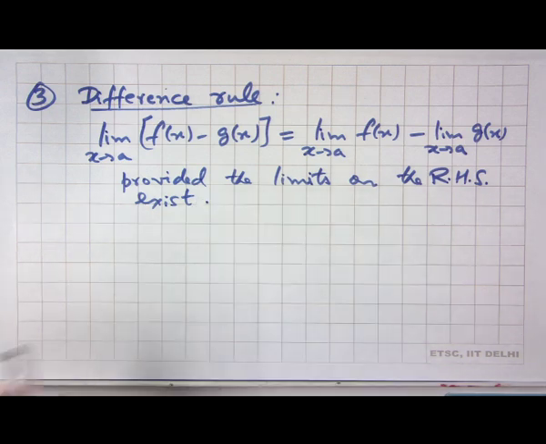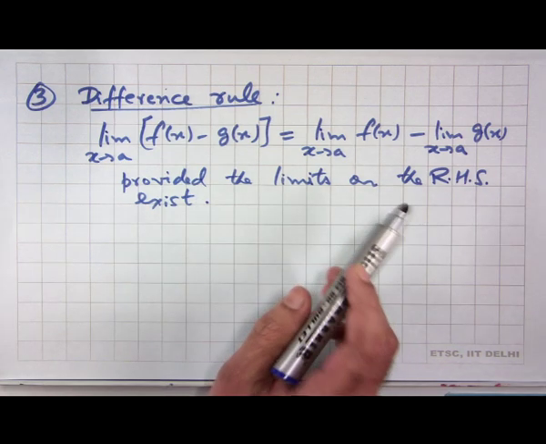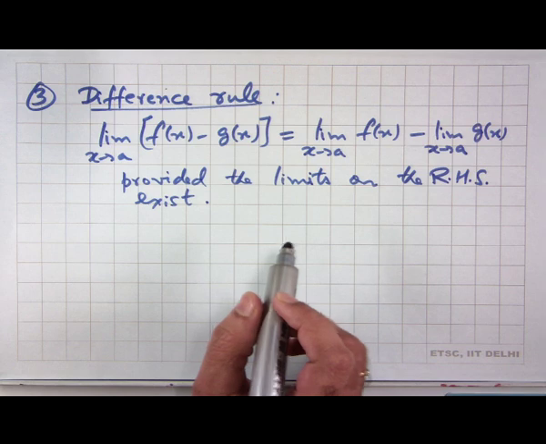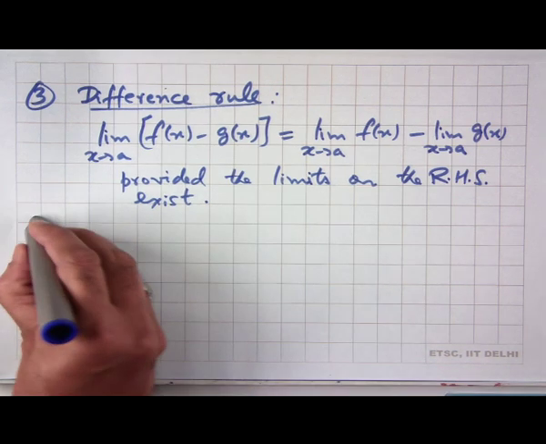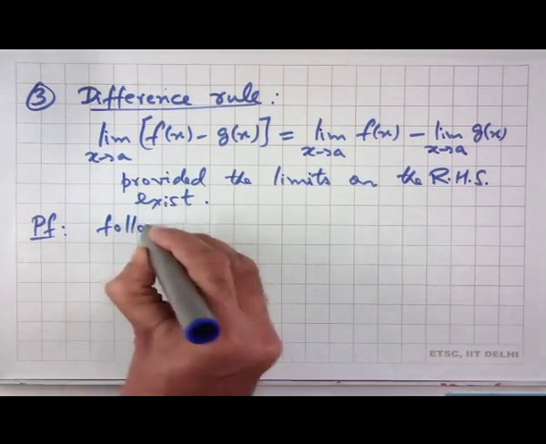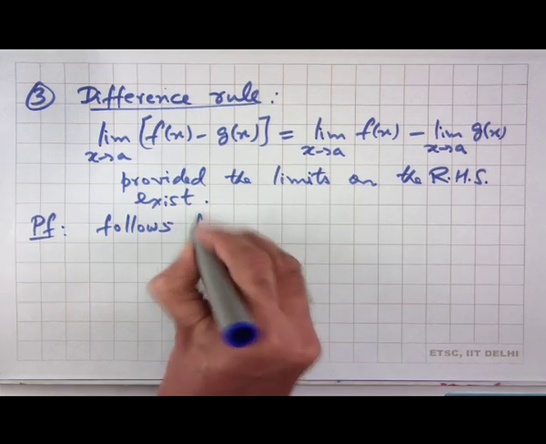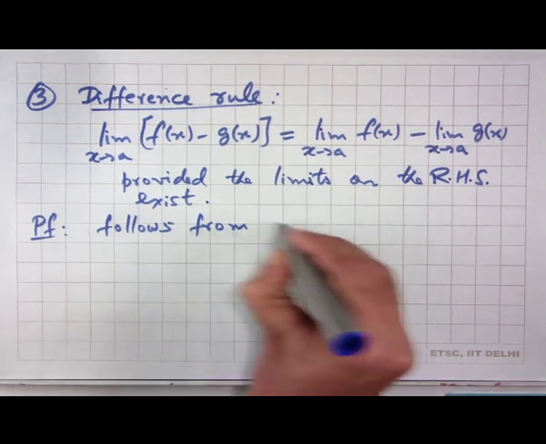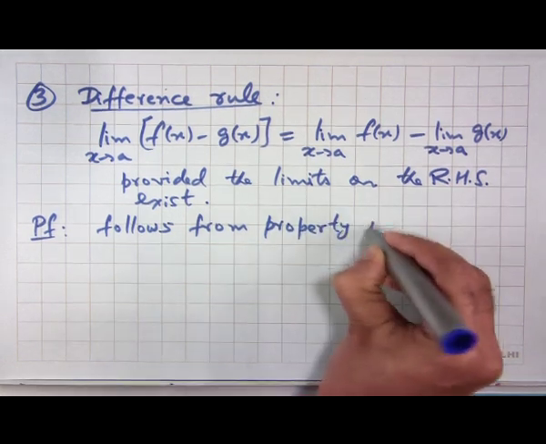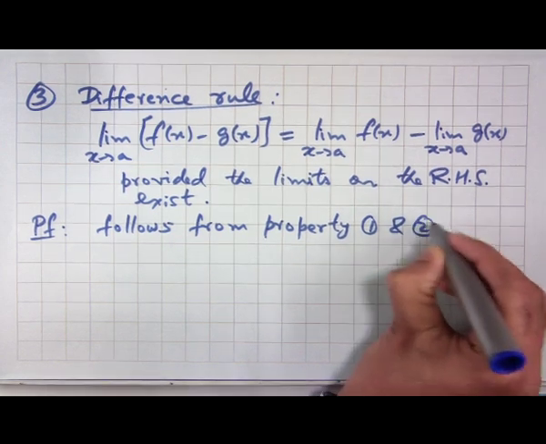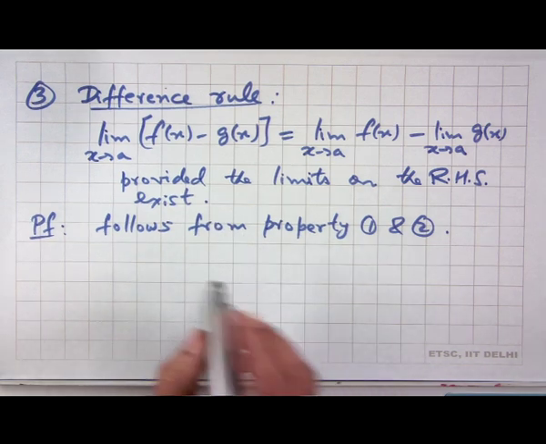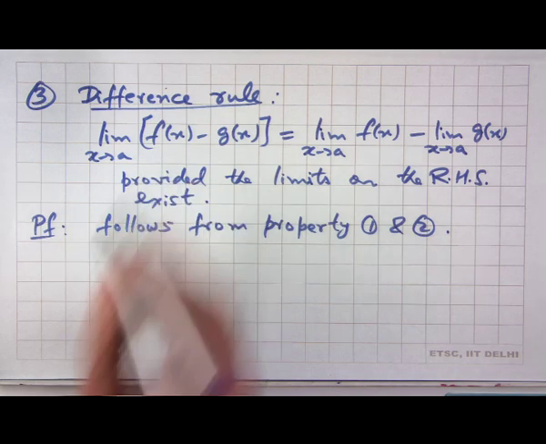This is just like the sum rule: if limit of f x and limit of g x exist, then the limit of the difference is equal to the difference of the limits, and this in fact follows from property 1 and 2. Of course, one can prove it directly also using the epsilon delta definition.